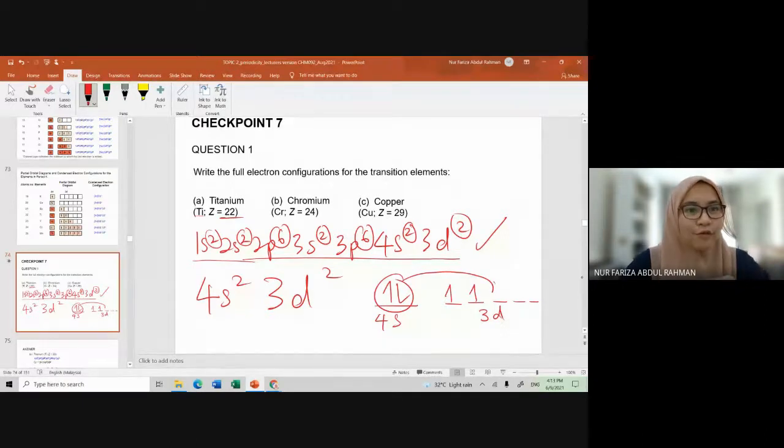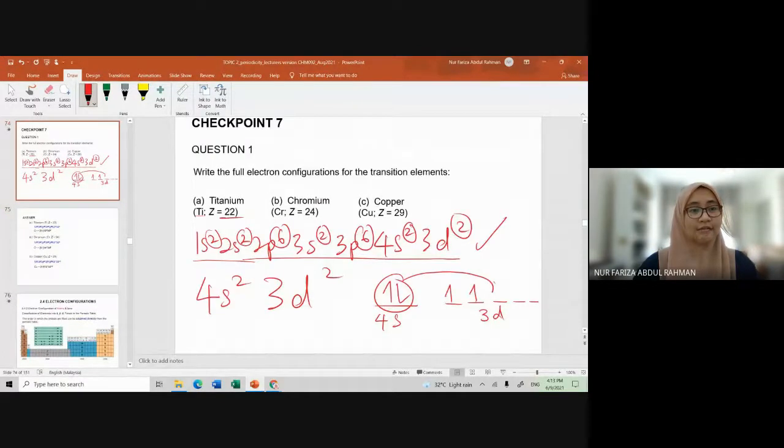So for your syllabus, as of now, we go for chromium and copper. Previously, both jumping was possible too, and then the s orbital becomes empty. If you would like to know more, you can read further on this.